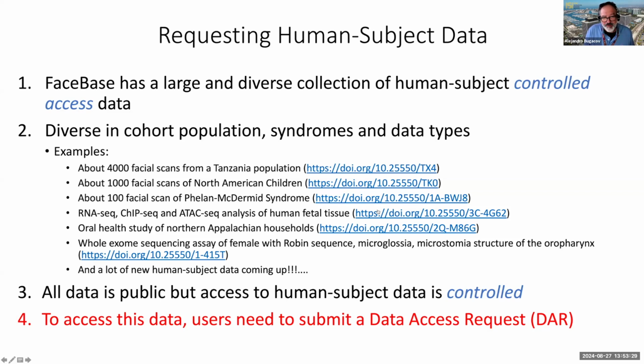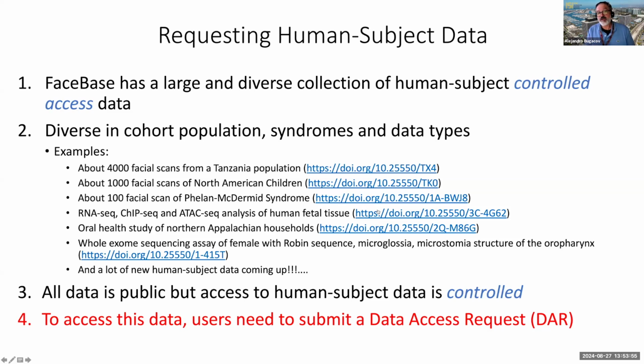Just to name a few of the most popular ones, but we have many more. We have, for example, a data set from a cohort from Tanzania that has about 4,000 facial scans. These scans are mostly in OBJ format.